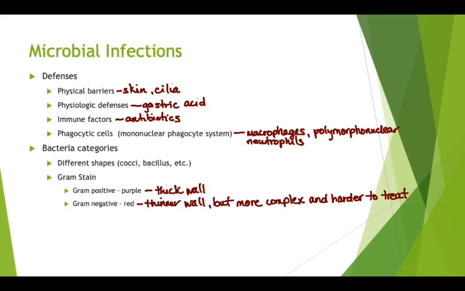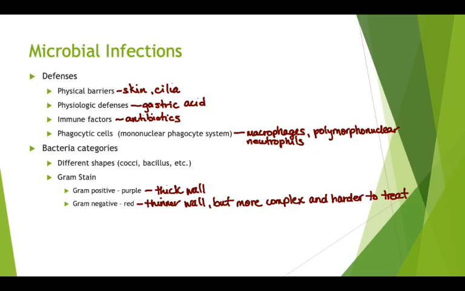When they do a gram stain, it's like adding a chemical stain to the bacteria. If it stains purple, that's a gram-positive bacteria. If it stains red, it's a gram-negative bacteria.